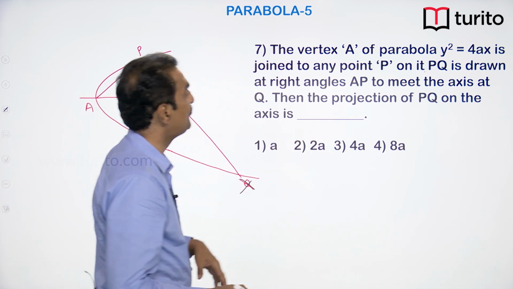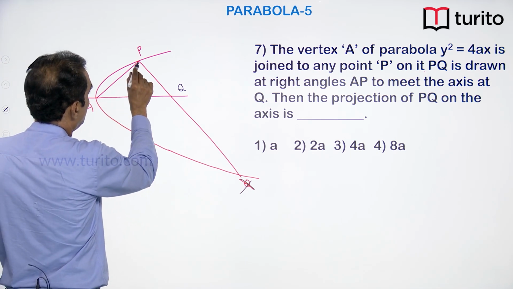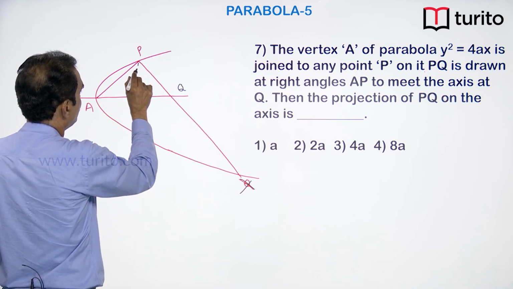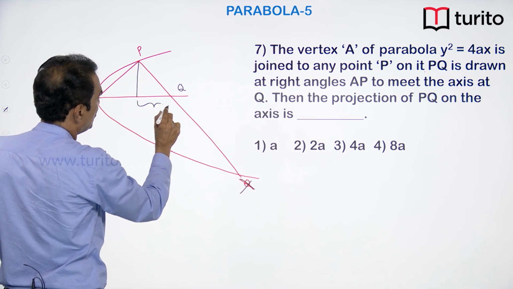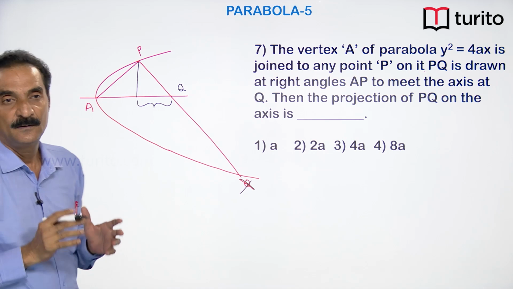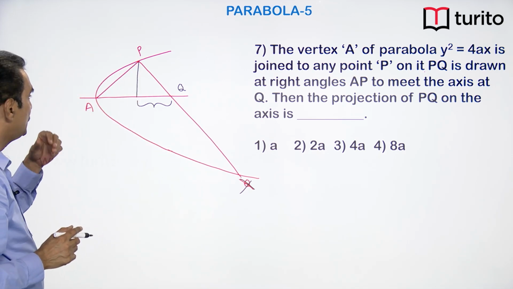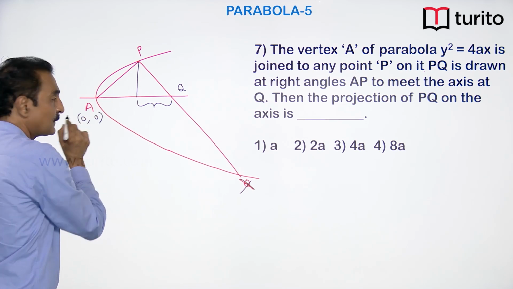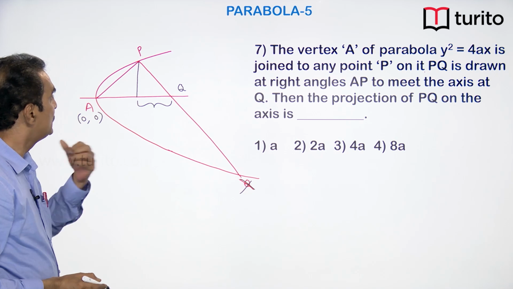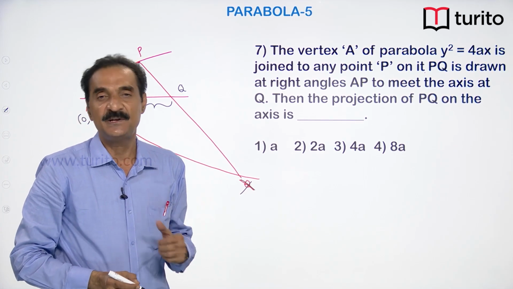Then the projection of PQ on the axis is, projection means you should draw a perpendicular like this. This is called projection. We have to find its length. Okay. Now this is origin. As usual, we take P as AT square, 2AT.